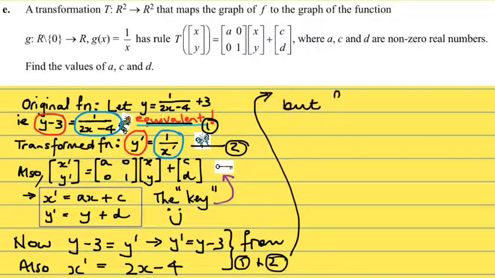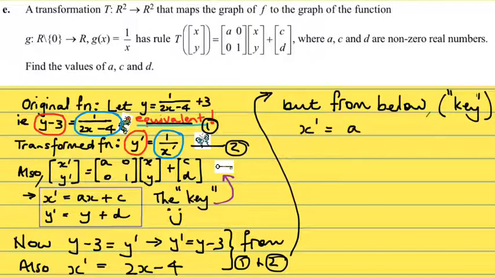Okay? Now, but we are told from below that x dashed equals ax plus c. That is from the question, the information that they gave us. That's the thing with the blue box around it. And also that y dashed equals y plus d.